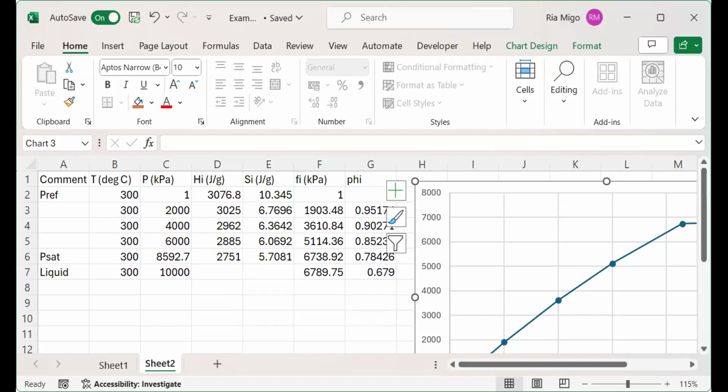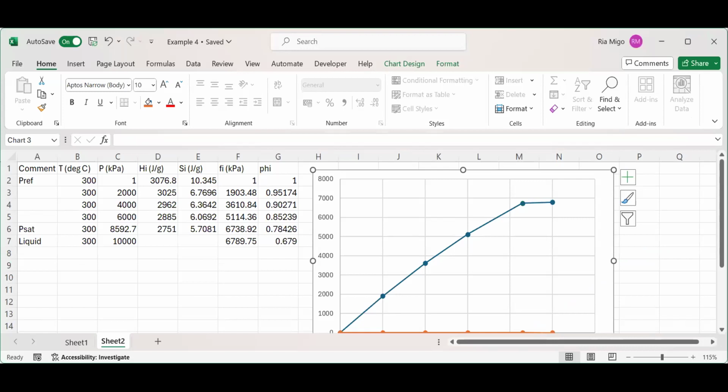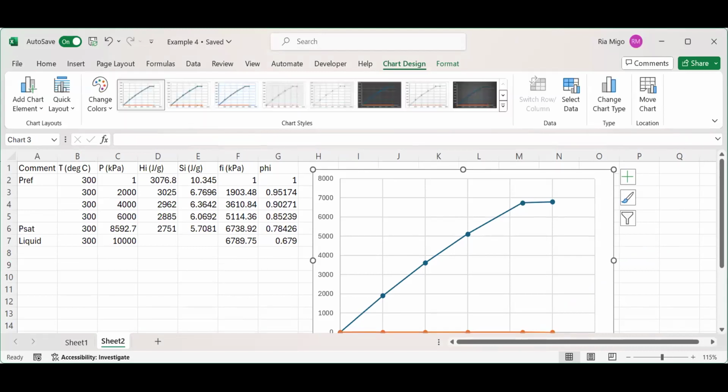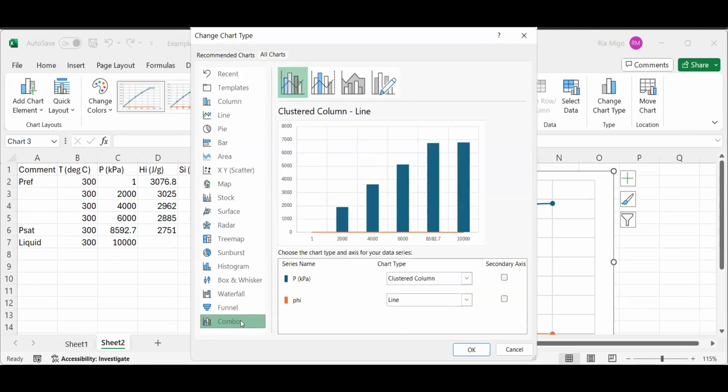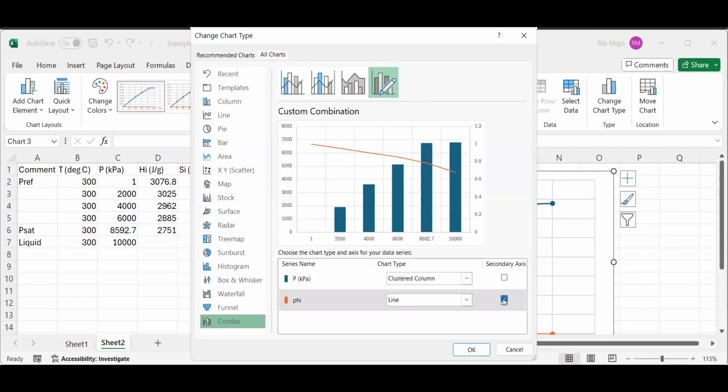Zoom is covering the buttons. Okay, this is the chart design, and then under chart design, select change chart type, then select combo, and click secondary axis for phi.